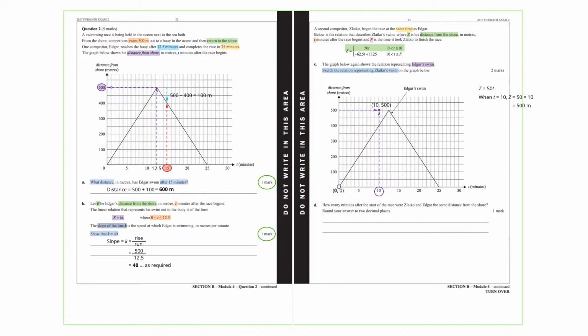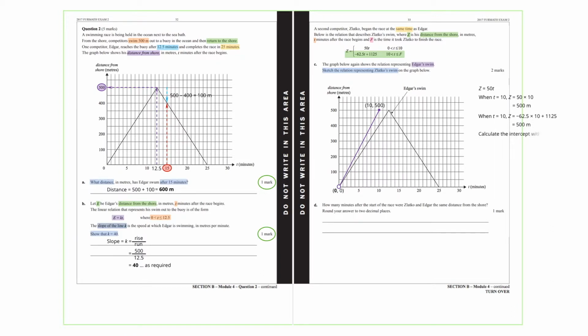For the second branch of this function, we are going to use Z equals negative 62.5t plus 1125. When t equals 10, Z equals also 500. So this is the first point. We now calculate the intercept with the horizontal axis.